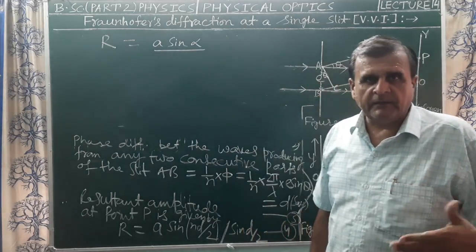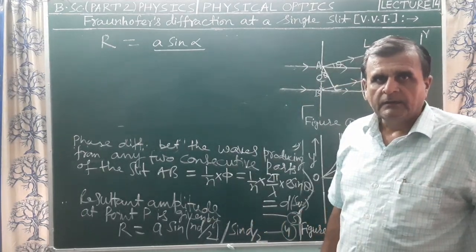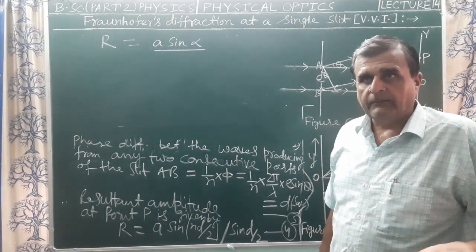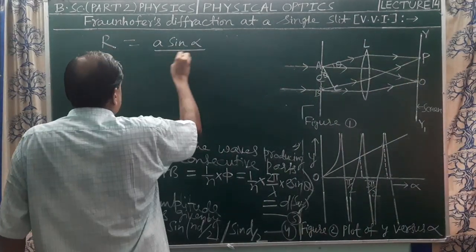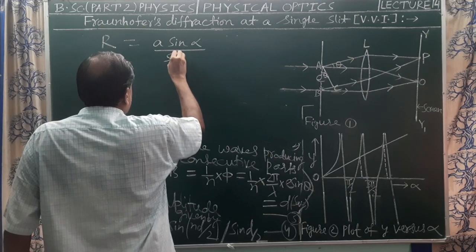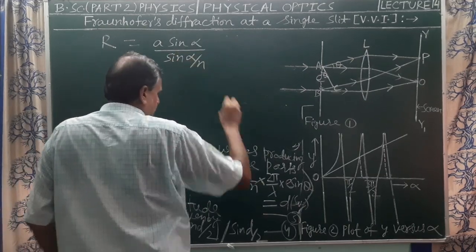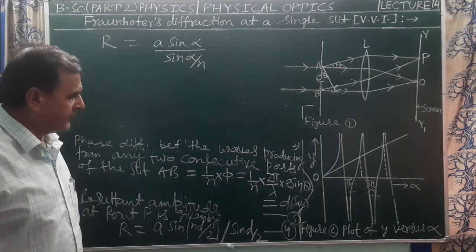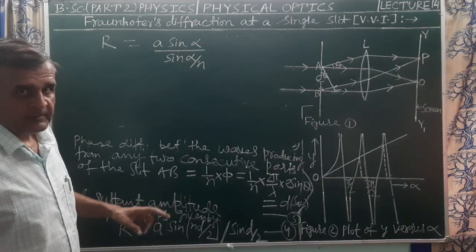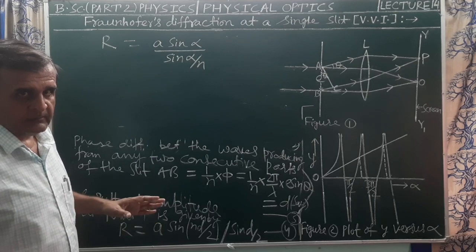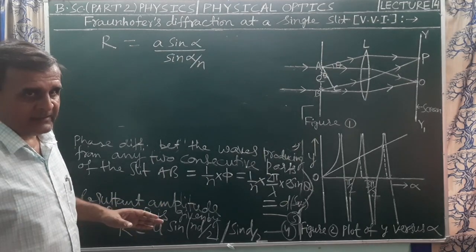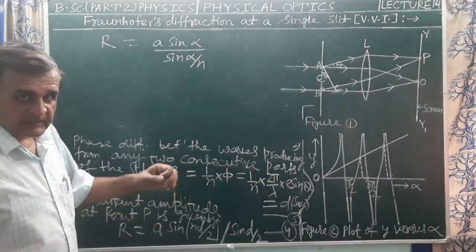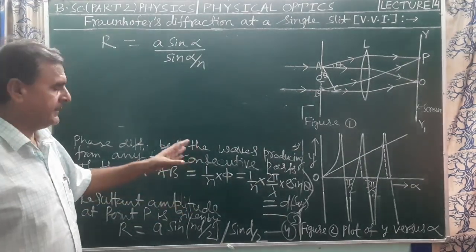Since alpha by n is small, we can take sin alpha by n as alpha by n. Here we use equation 3, that is substituting the value of small d, which is the phase difference between the secondary light wavelets produced from any two successive parts of the slit AB.